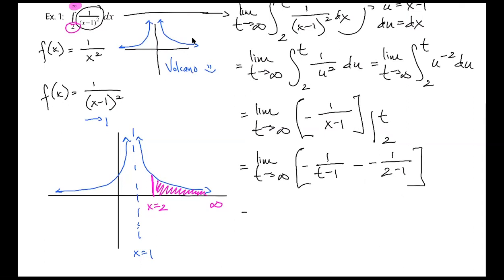Let's clean this up. I get the limit as t approaches infinity of negative 1 over (t minus 1) plus, because minus and minus make a plus, 1 over 1, which is just 1.